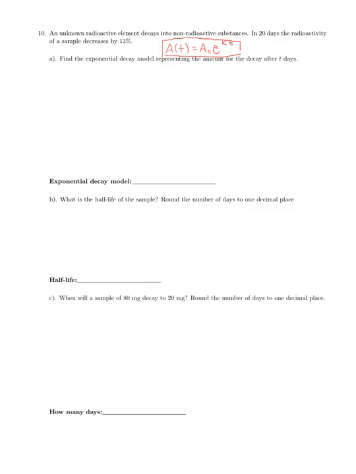So you're like, what does each letter stand for? Here, A of t is the remaining radioactive substance. And then a sub 0 is the initial population.